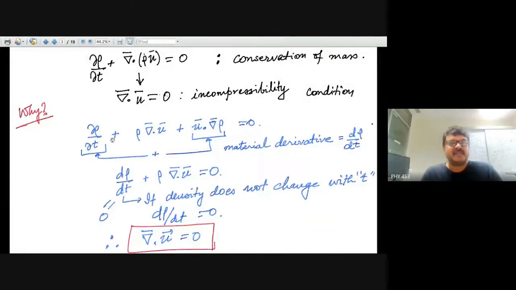And that can easily be seen by putting this grad inside, operating on these two different quantities, as a consequence of which this del rho del t becomes this, and then this is rho divergence of u, plus u dot grad of rho. It's operating on one of these terms at a time. Now, if you take this term u dot grad rho together with del rho del t, that's what is the total derivative.